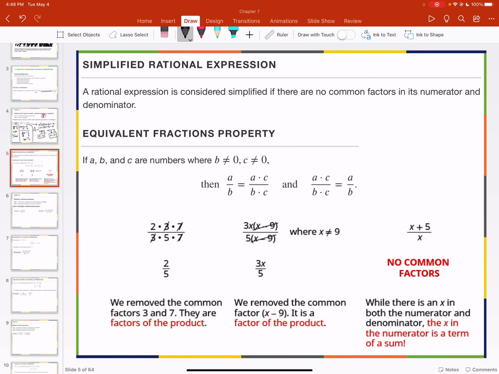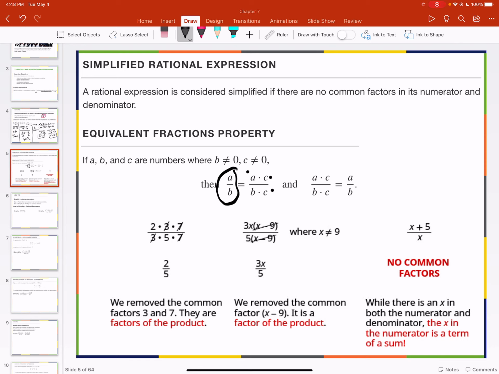Okay, what is a simplified rational expression? A rational expression is considered simplified if there are no common factors in the numerator and denominator. So let's look at this example here. Remember the equivalent fractions property: if you have a fraction, a rational number, you can multiply top and bottom by the same thing, and yet you still keep the value.